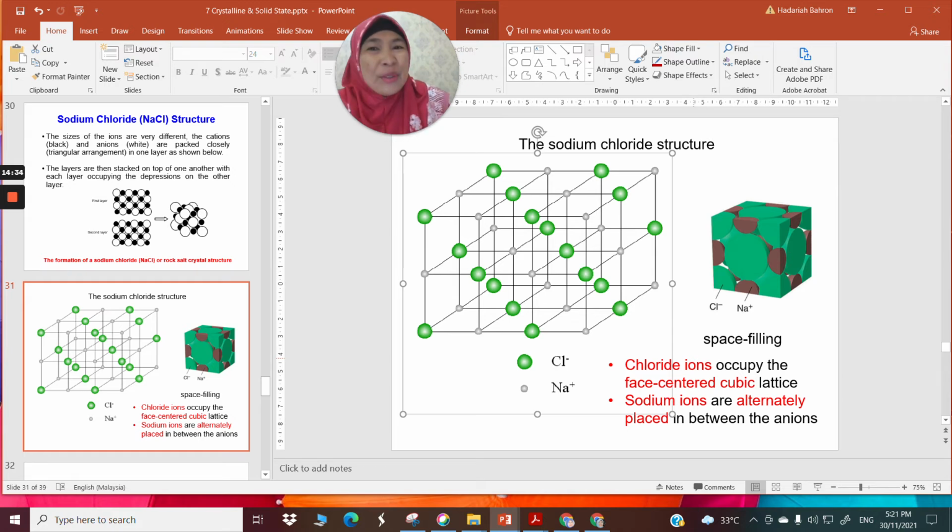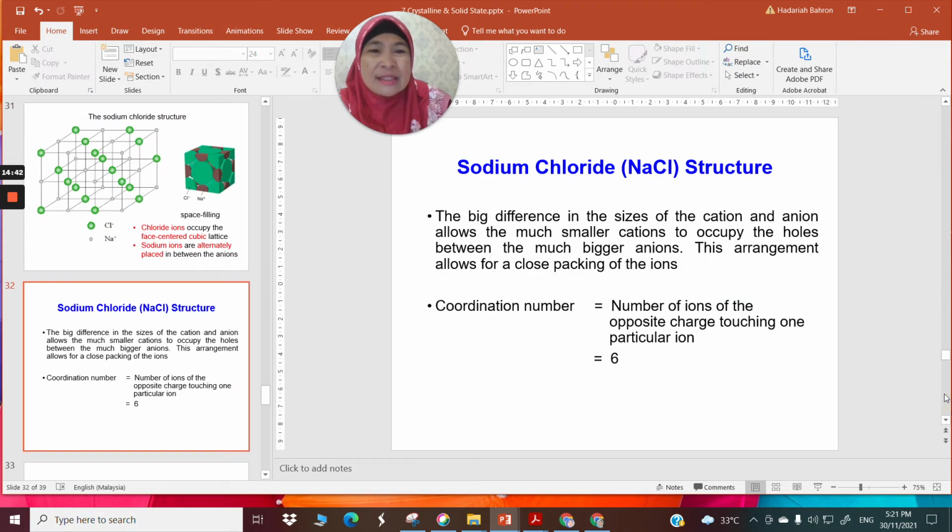And similarly, your one sodium is connected, or touching, 4 different chloride. So that is the structure of sodium chloride. No, not 4, 6, yeah.